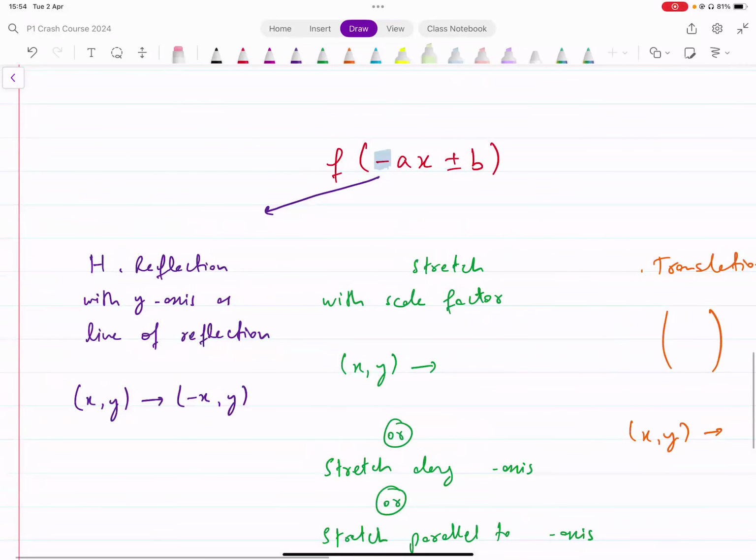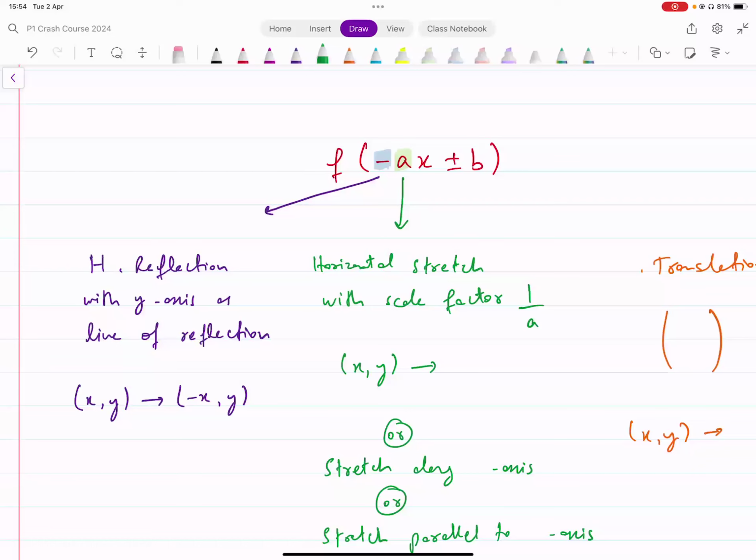And then if you multiply by a number inside, what happens in that case? You say it's a horizontal stretch. That's one way to describe this. With scale factor, if this number is a, the scale factor is going to be the reciprocal of that. It's going to be 1 over a.